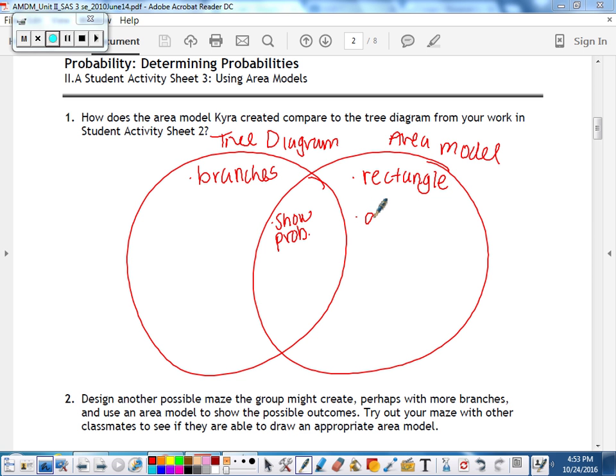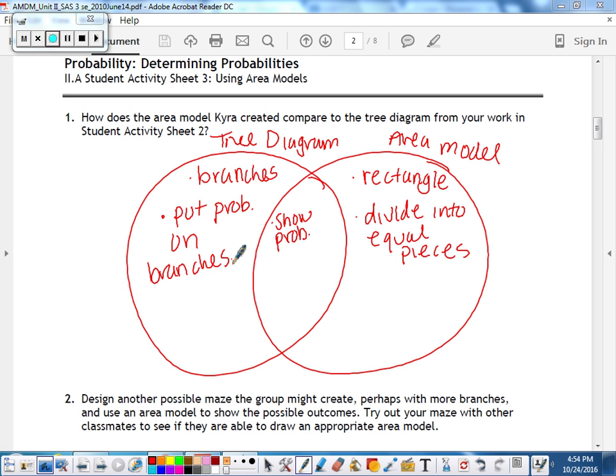This one you have to divide it into equal pieces, while this other one over here, you could just put probabilities on the branches. There's more to it. You can add to it or use this to write a nice paragraph, okay?